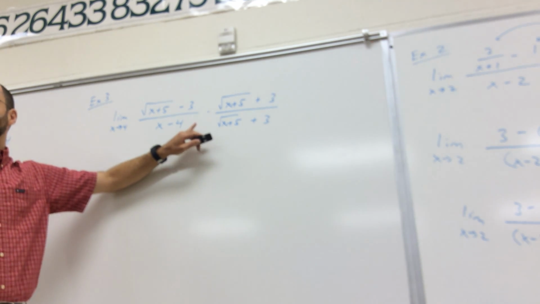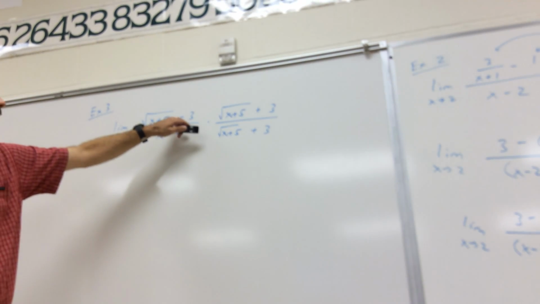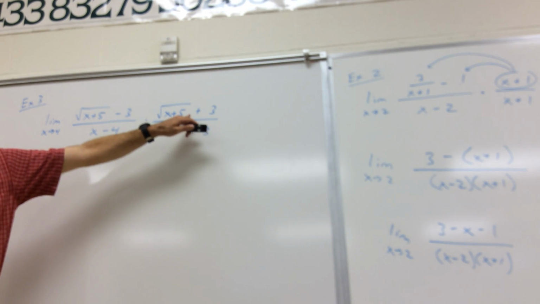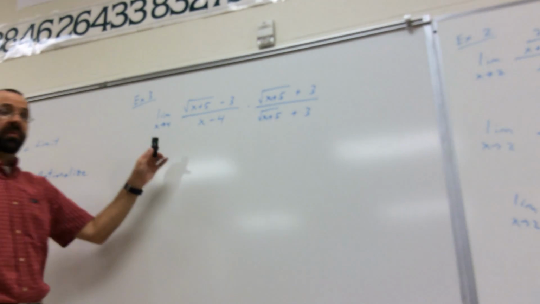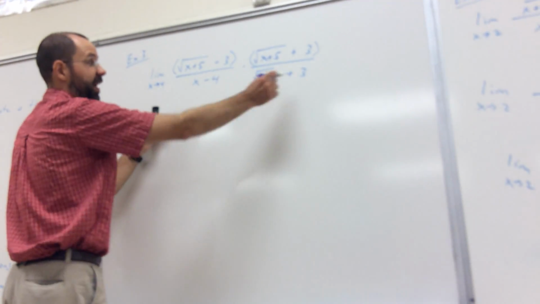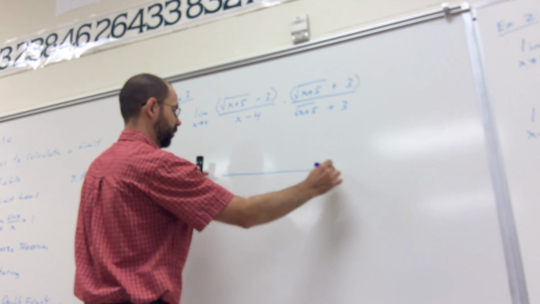So what I mean by the conjugate is, it's the same as this top, except I just changed this minus to a plus. So then I'm going to multiply everything out, except not the bottom. I'm not going to multiply out the bottom. So let's leave that alone.